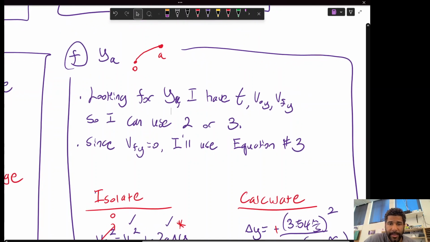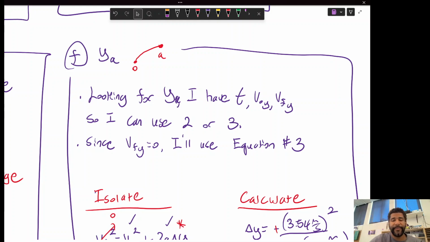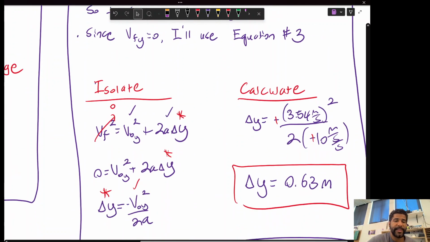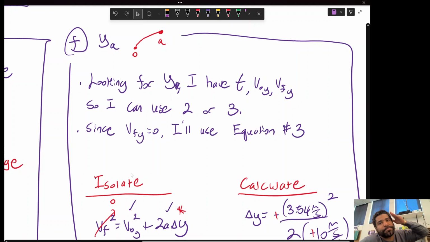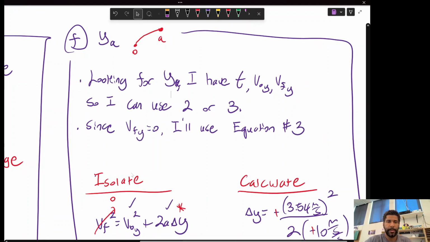I can use anything. But usually, because VFY is going to be 0, and I have final velocity in that third equation, I'm going to pick the third equation because I can exploit the fact that final velocity will be 0, and it'll make an easy little calculation. But it doesn't matter. You can do it either way. You can't go wrong at this point. You just have to pick, and persevere and keep going.